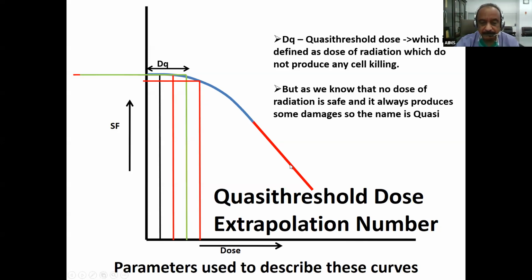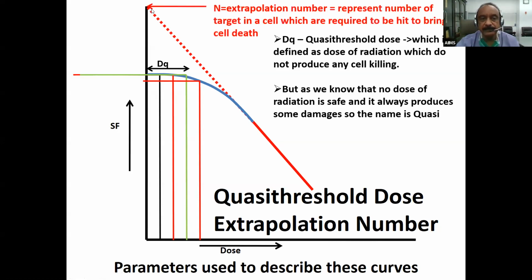Now, extrapolation number is that you extrapolate back this terminal portion, and where it meets on the survival fraction axis gives the extrapolation number. This extrapolation number is the number of targets in a cell which need to be deactivated in order to bring death to the cell, because this is a multi-target model, and the multi-target model says that there is more than one target which needs to be deactivated.